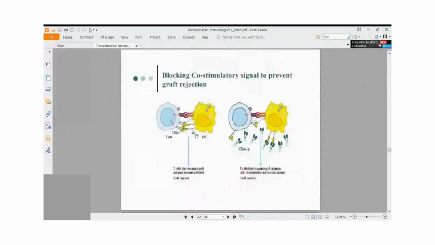Second, the antigen presenting cells produce the B7 molecule, and that interacts with CD28, which is responsible for signal 2 for the activation of the T cells. So, by producing monoclonal antibodies and blocking the B7 molecule, signal 2 can be blocked, because the monoclonal antibody-bound B7 molecule will be unable to establish contact with CD28.